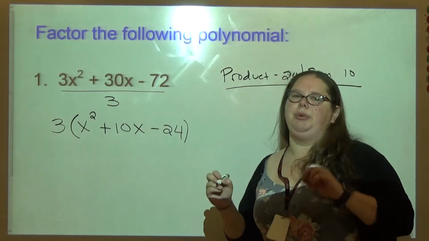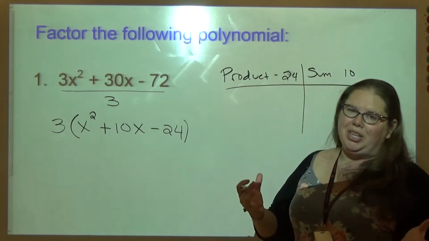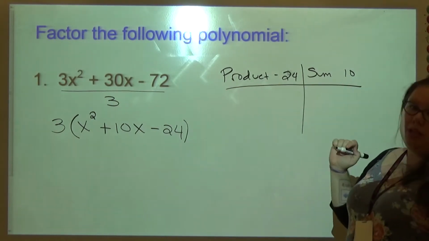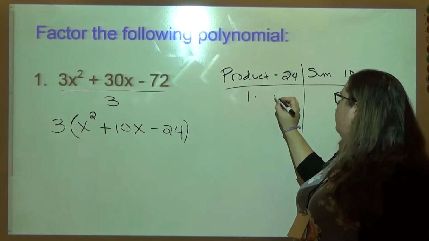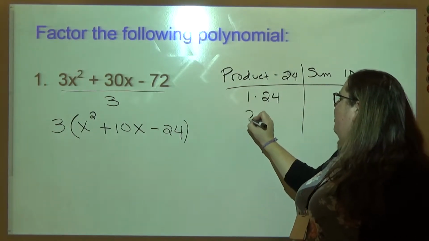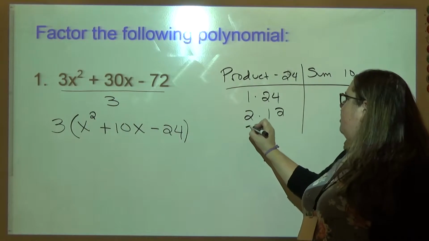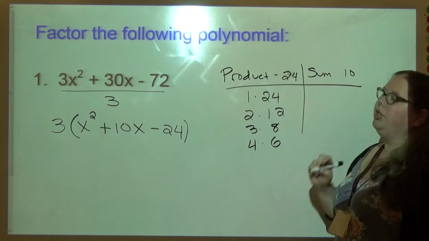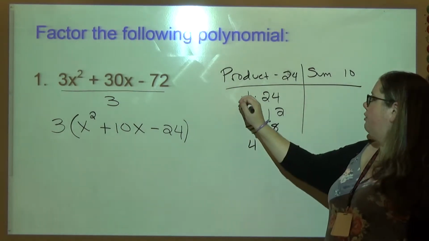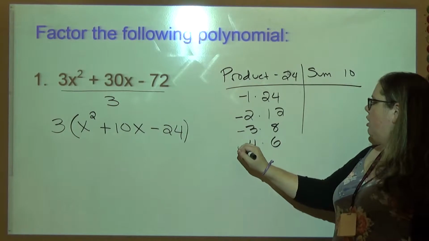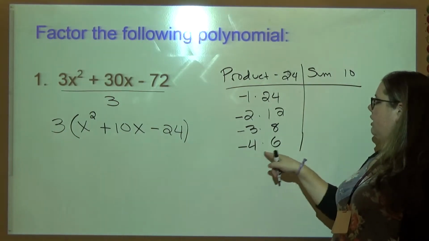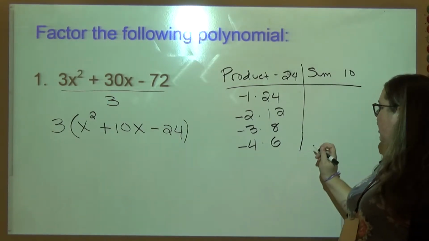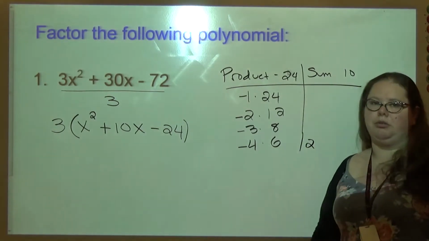Now this is one of my favorites because students get it wrong all the time. I don't want you to get it wrong, but I like giving it to you to make sure you're paying attention. So a lot of students for these jump to that 4 and 6. But I always tell them, write down everything that multiplies to 24. Since we're multiplying to a negative, we need one negative. So a lot of students jump and they're like, oh, well, 4 and 6 gives you 10. But notice, since we're multiplying to a negative, the 4 is negative, and that doesn't give you 10, it gives you 2.